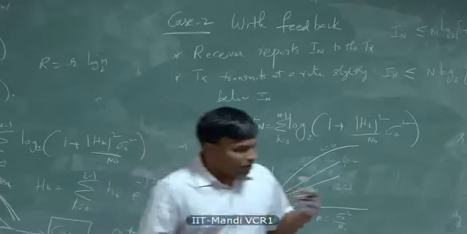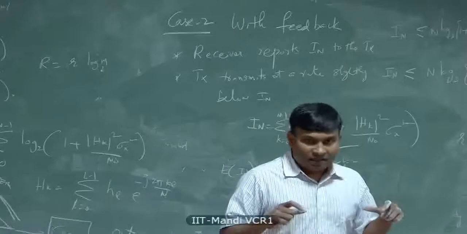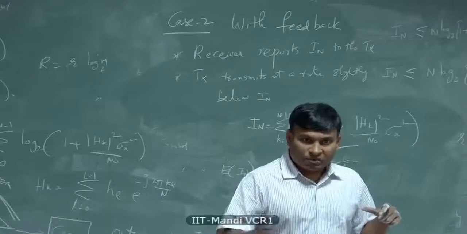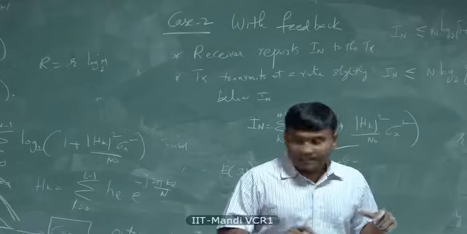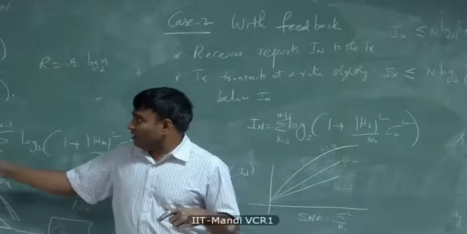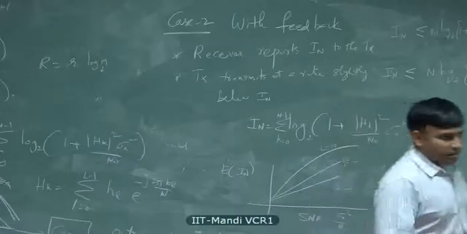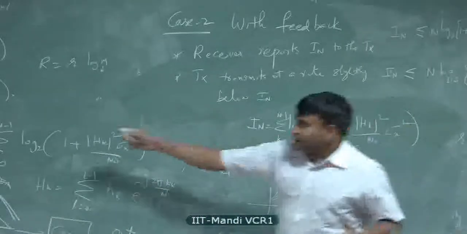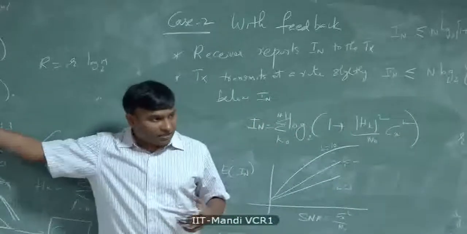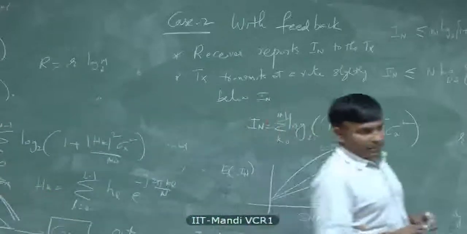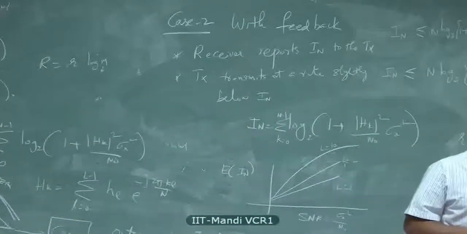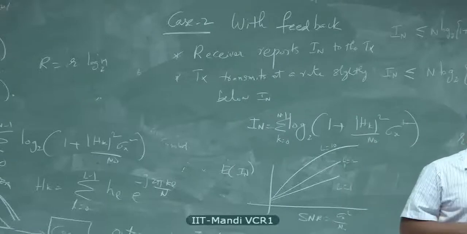In the next lecture, we'll talk about a specific modulation and coding scheme that can achieve either the outage probability in the case of fixed rate or zero outages when you have feedback. Something practical that will achieve the optimum performance.